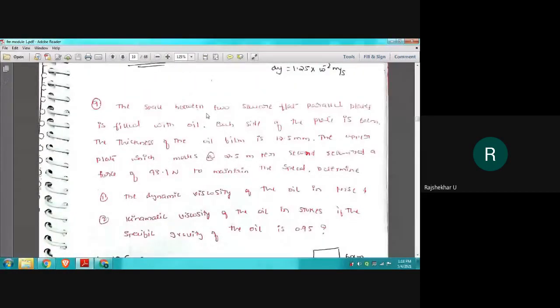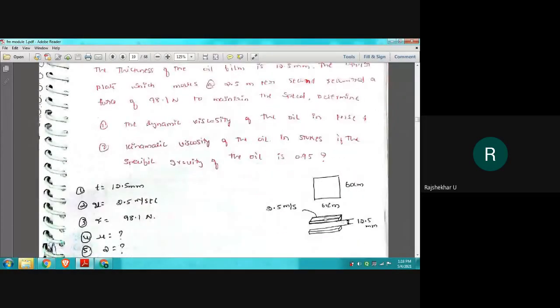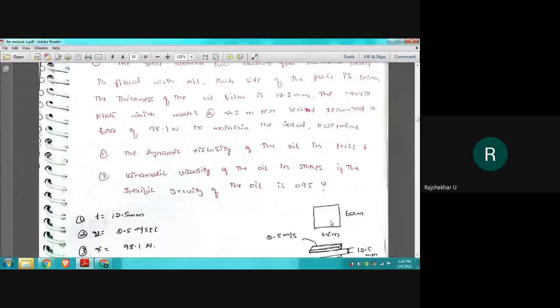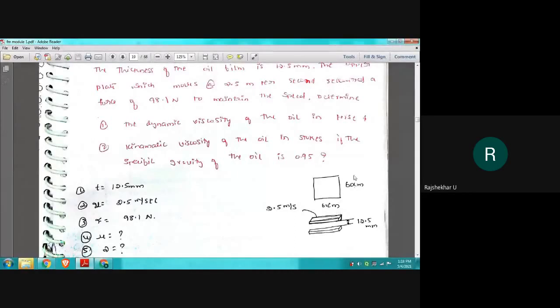It is mentioned they are square, flat parallel plates. So each side of the plate is 60 centimeter. Okay, this is the plate, no? The plate surface which is exposed to the oil, that surface, it is shown here 60 centimeter by 60 centimeter.